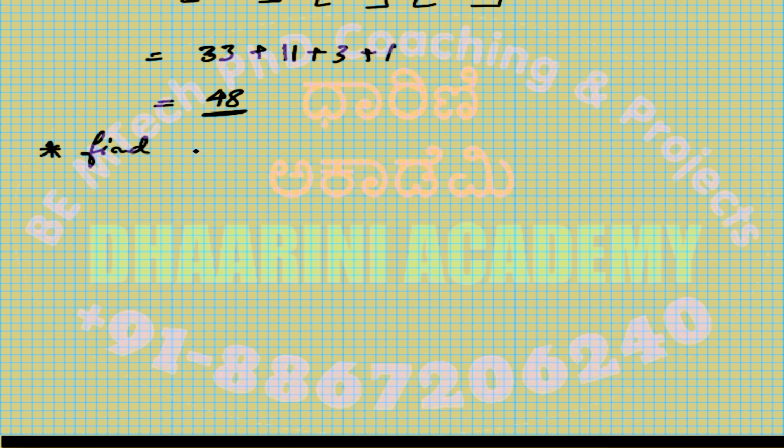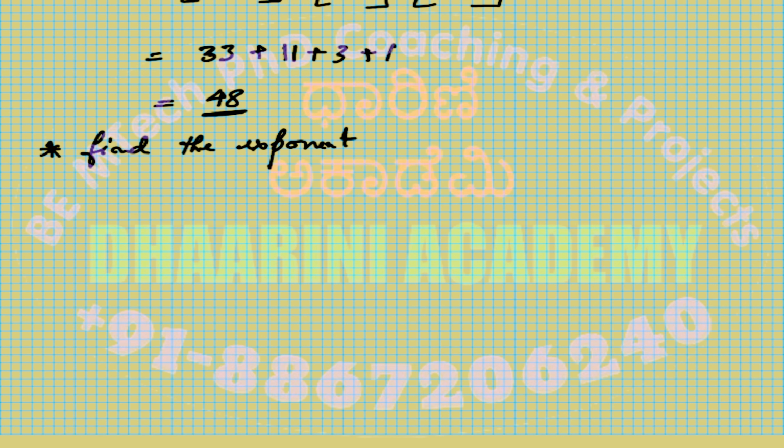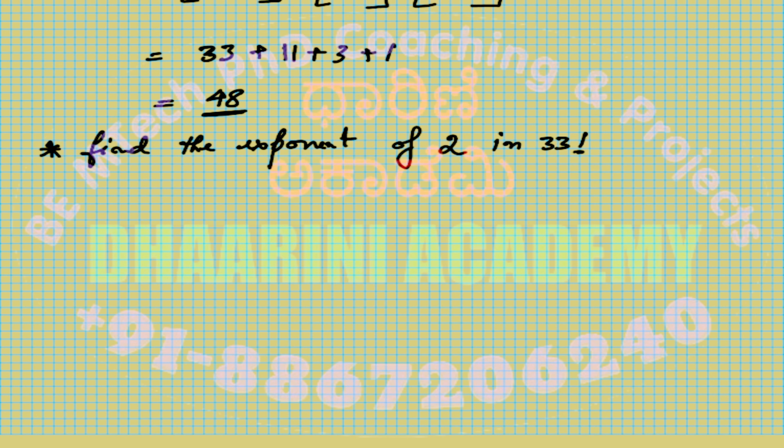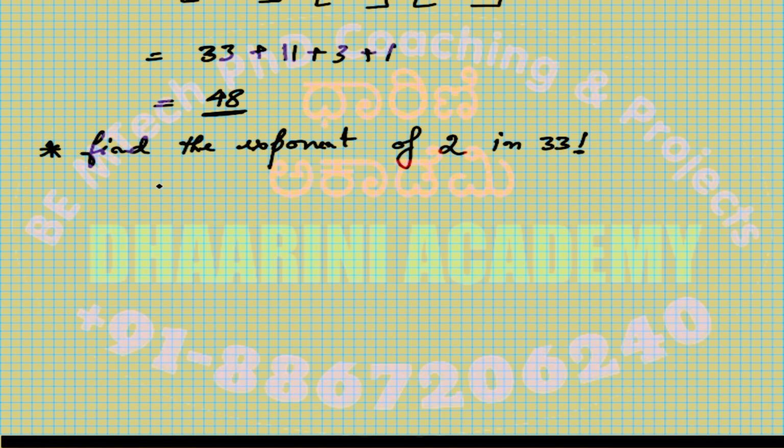Find the exponent of 2 in 33 factorial. So the answer is 31.